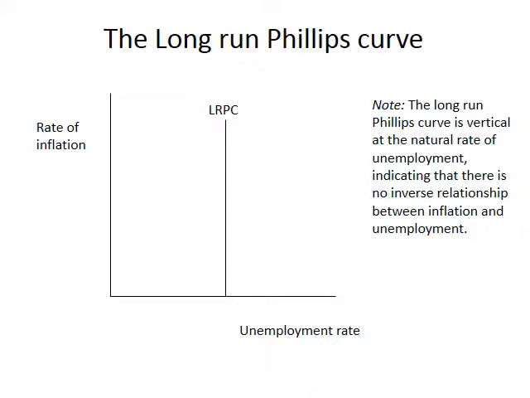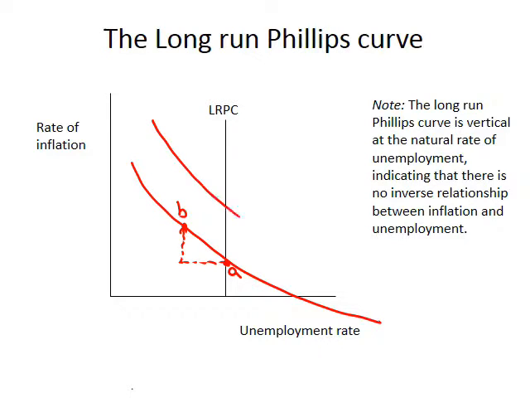So this long-run Phillips curve, let's look at these points A, B, and C. Let's say we started at point A here, and we had the initial shifting of AD. We went from point A to point B. But in response, the long-run response, wages increased in response to the rising price levels.